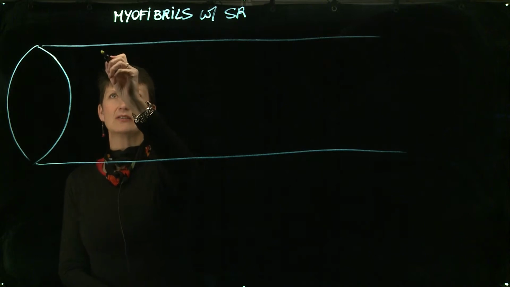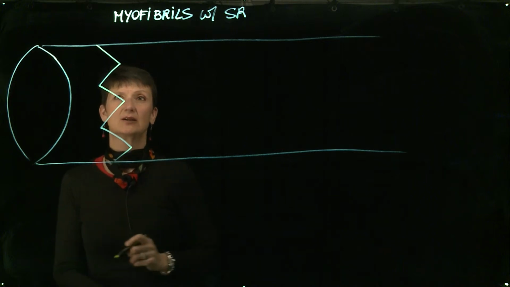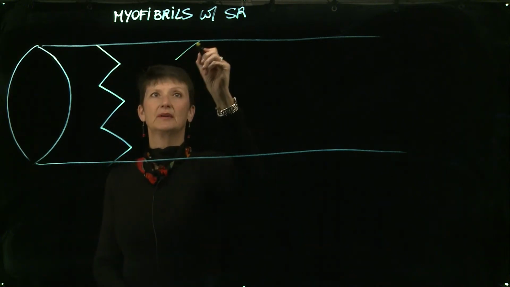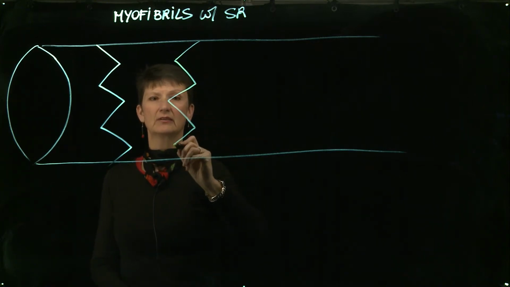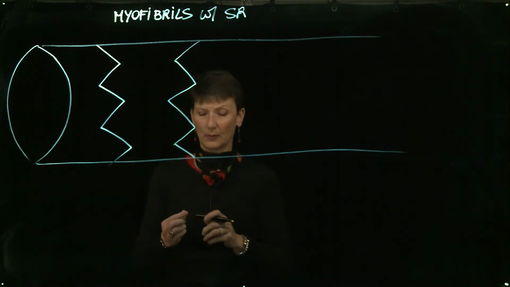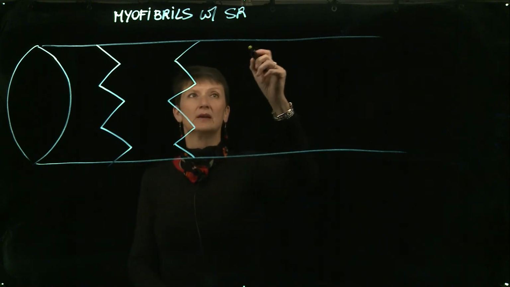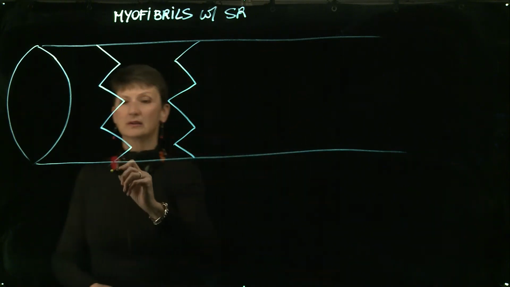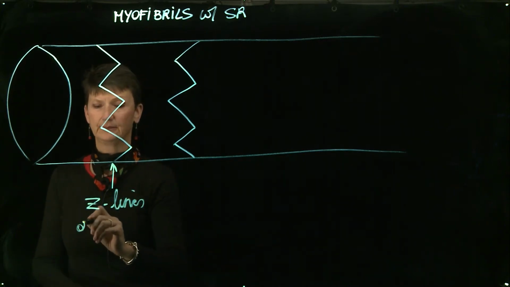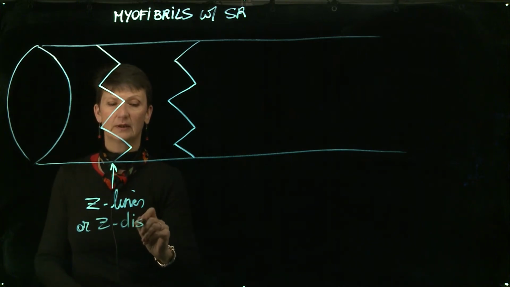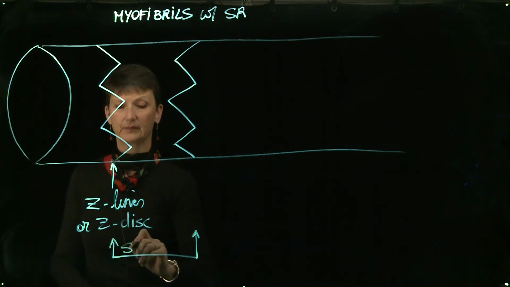So we have these zigzag proteins, I should say, arranged in a zigzag manner, and they form anchor points for a set of proteins that we will refer to as the thin filaments. So let me finish these so-called Z lines or Z discs, because they form the beginning and the end of one sarcomere.